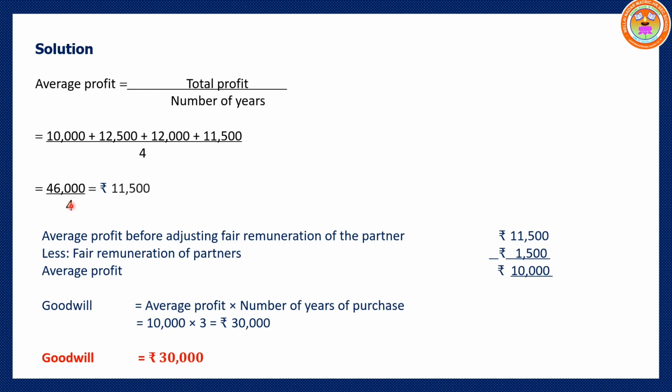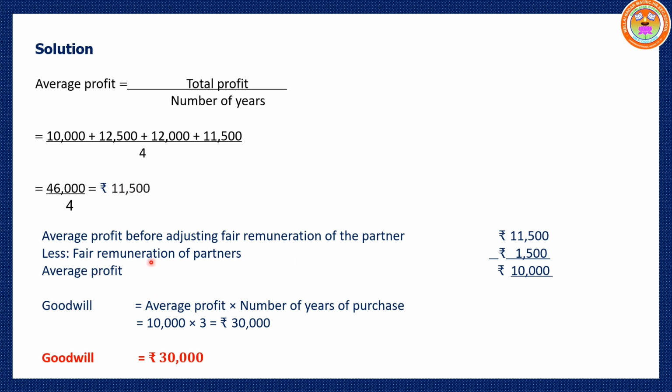Divide using the 4 table and we get average profit 11,500. This is the average profit before adjusting the fair remuneration of the partner. In this question, one adjustment is given: the business was looked after by a partner and his fair remuneration amounts to rupees 1,500 per year. So this should be deducted from the average profit.